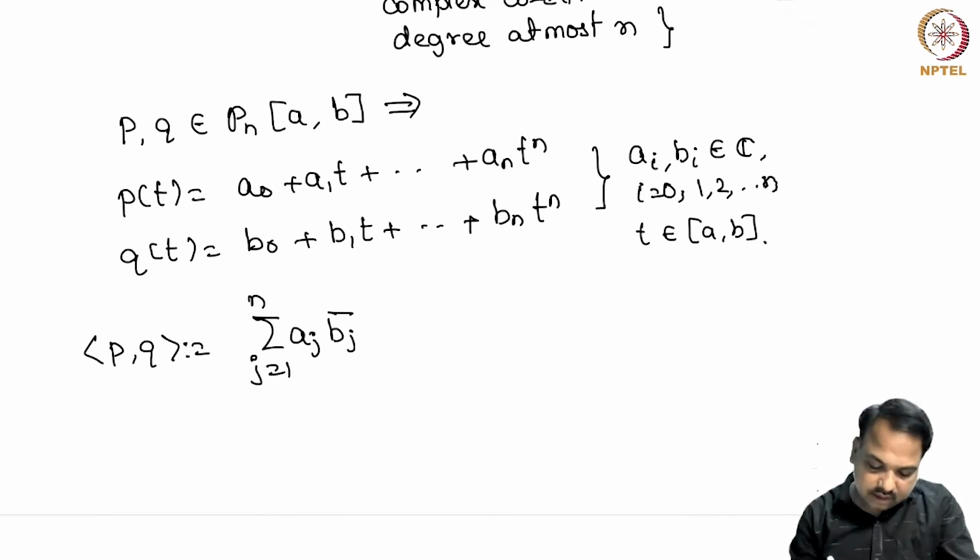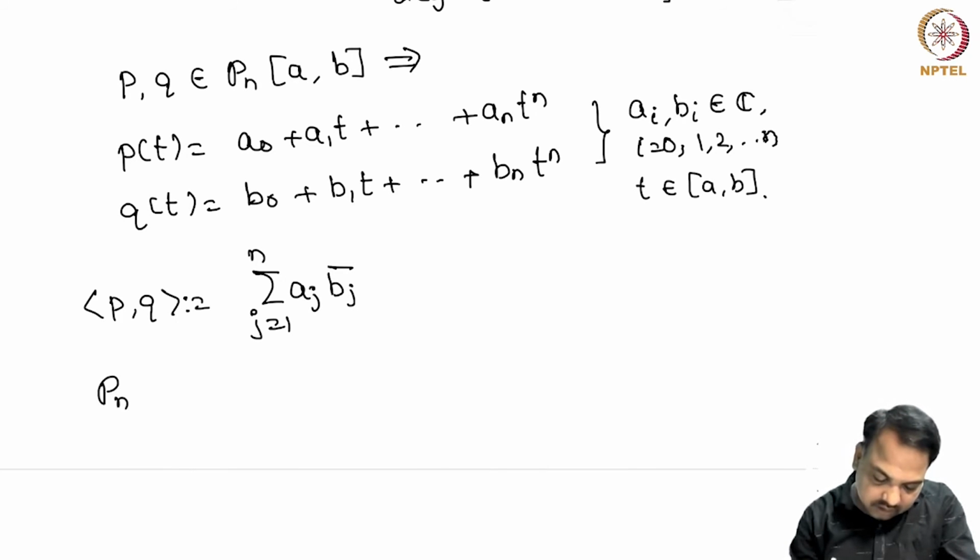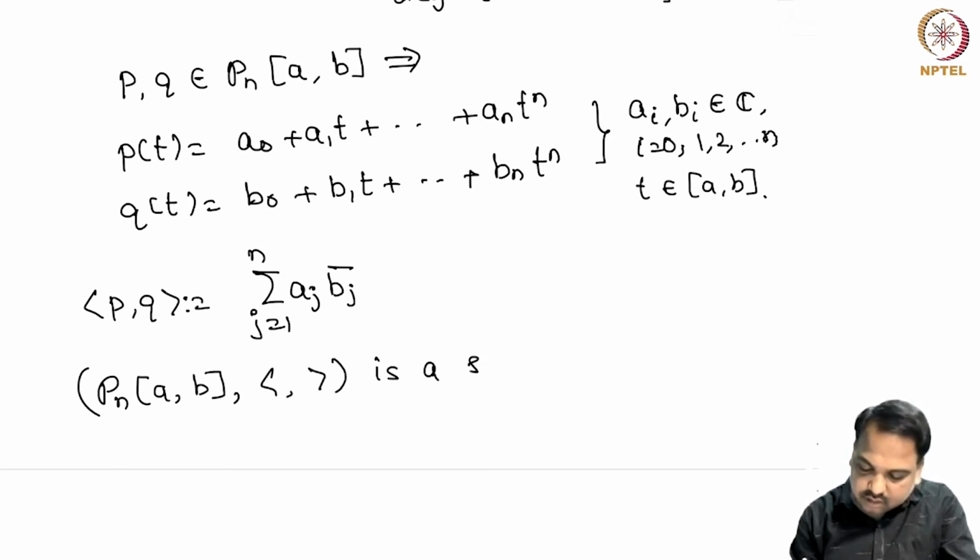You can easily check that this is a semi-inner product on Pn of ab. That means Pn of ab is a semi-inner product space.